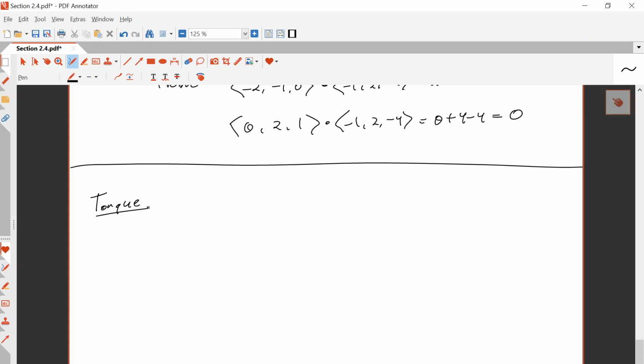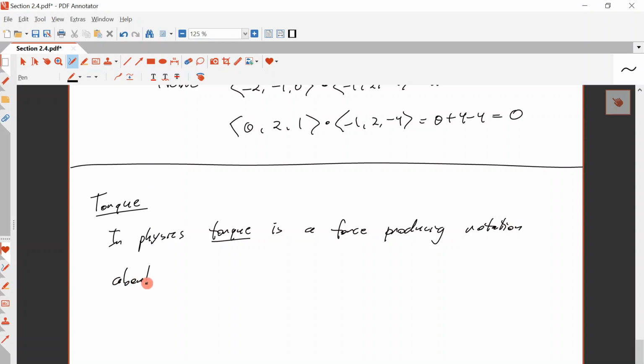All right, so in physics, torque is a force producing rotation about an axis.